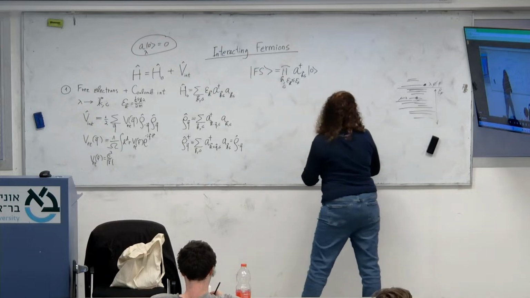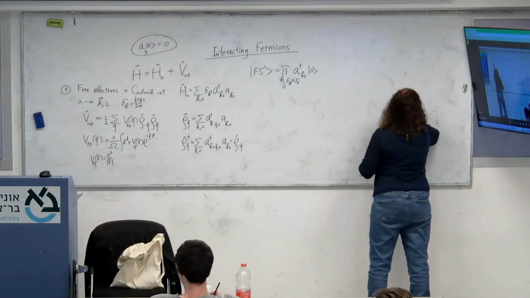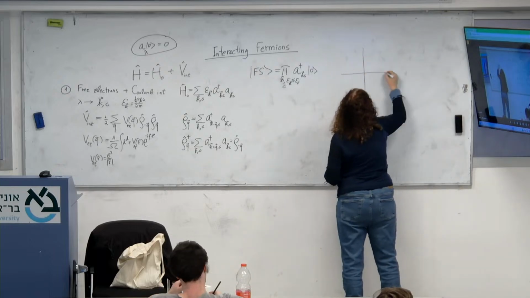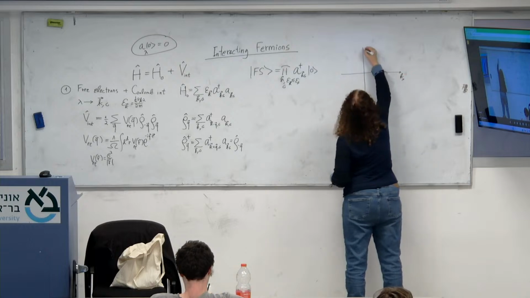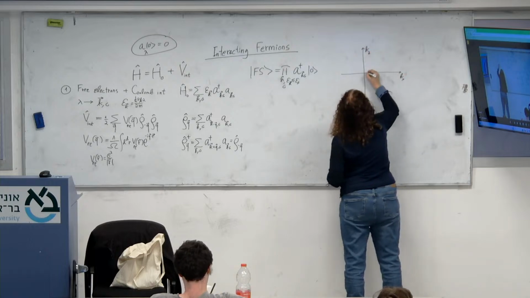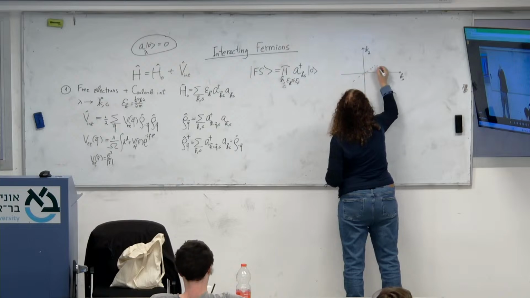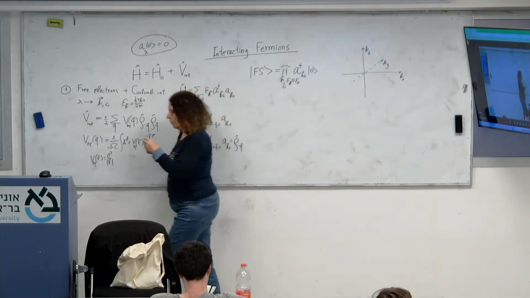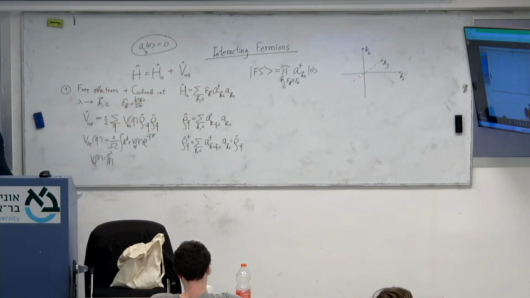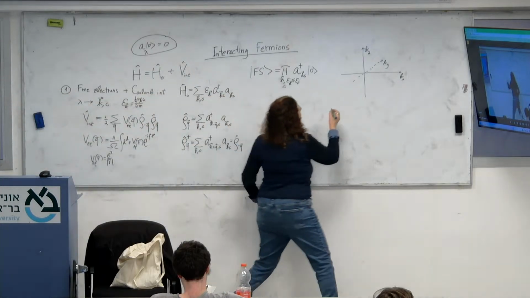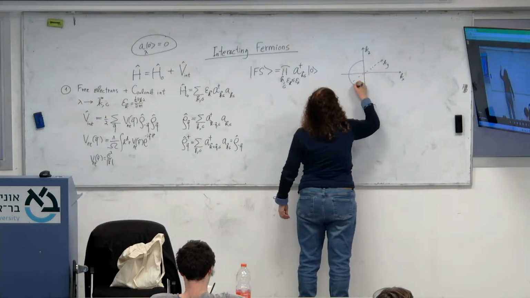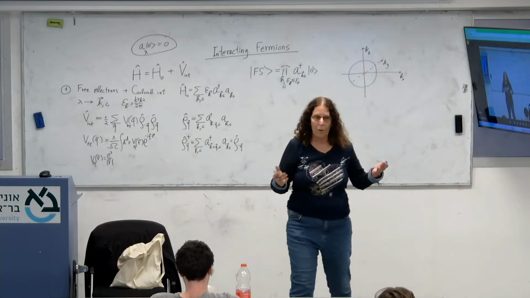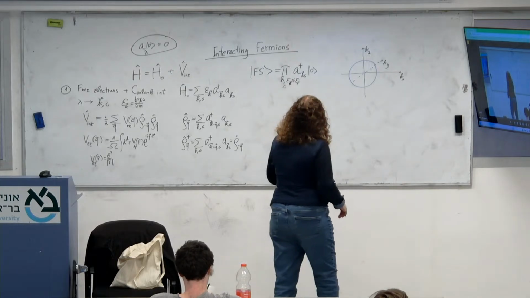So let me draw it. I'm drawing k space. This is kx, kz, and ky. And the Fermi sphere, or the Fermi ball, rather, is here. Of course, what I'm plotting is in three dimensions, but if it's two-dimensional, it's much easier.